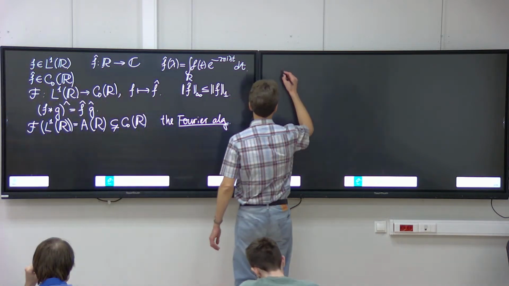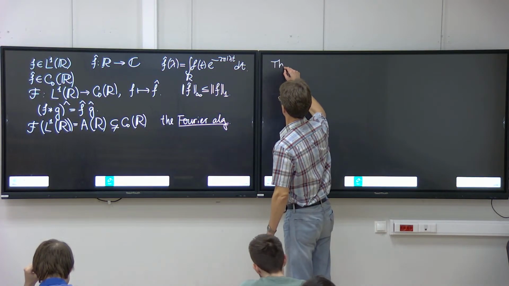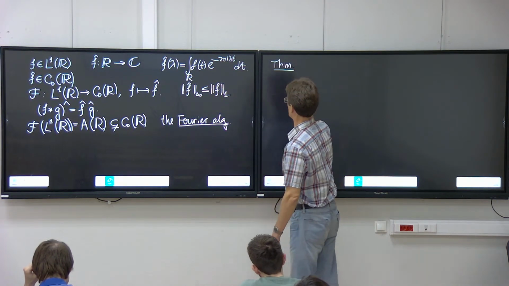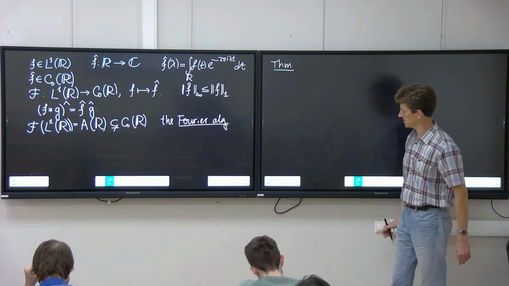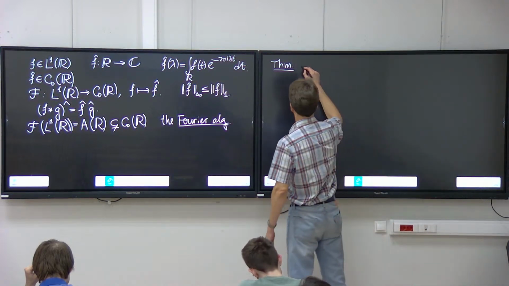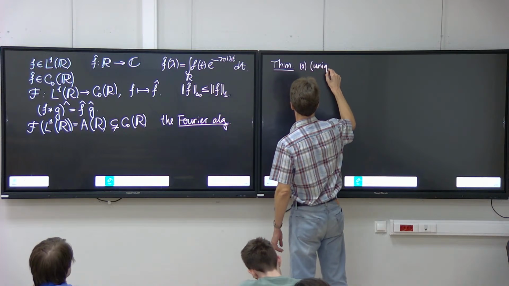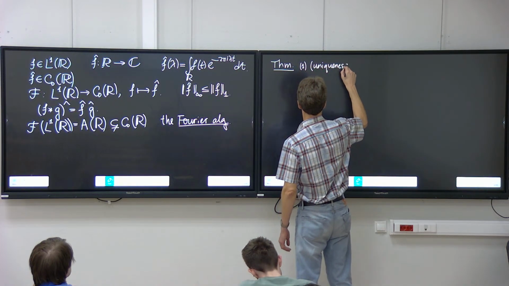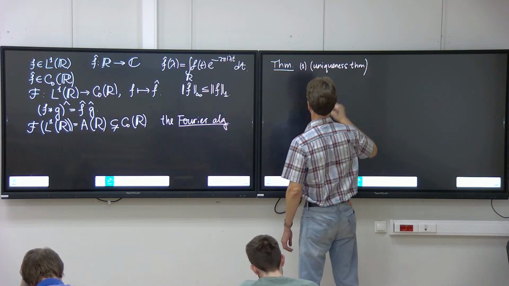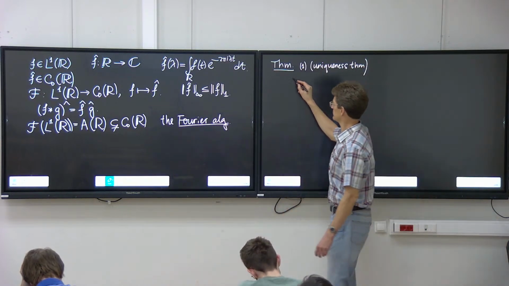And at the end of the previous lecture, we stated without proof some basic properties of the Fourier transform. The first basic property is the uniqueness theorem, which means that the Fourier transform is injective.